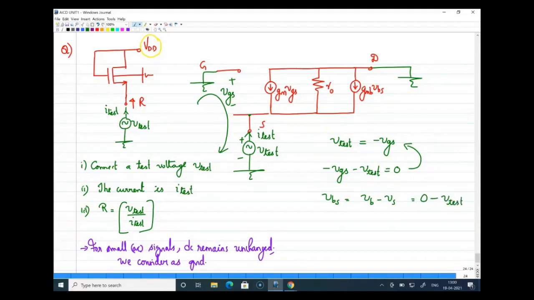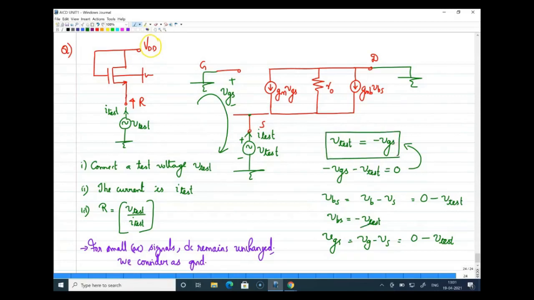In that way also I can say that VBS is equal to minus Vtest. The similar thing applies to VGS: VGS is equal to VG minus VS, where the gate is connected to ground and VS is connected to Vtest. So these are two takeaways to keep in mind: VGS is equal to minus Vtest and VBS is equal to minus Vtest.